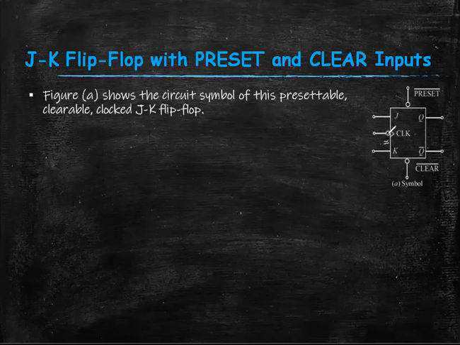That means it is negative edge triggered. And here the 0 denotes the preset is active low, and here there is a 0. That means the clear is active low.